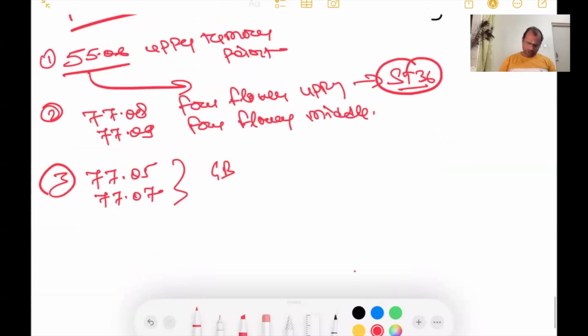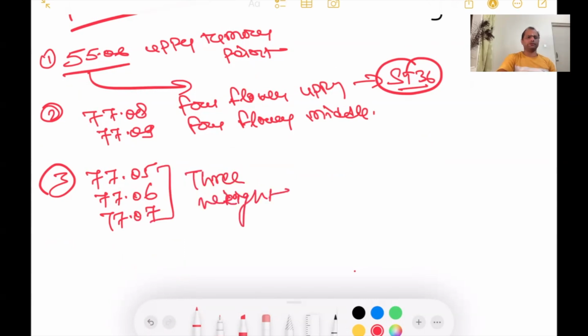These points, actually there are 3 points: 77.05, 77.06, 77.07. They are called 3 beats. इन्हें थ्री बेट, आप गूगल में डालोगे तो भी मिल जाएगा आपको. ये लगभग गॉलब्लैडर 39 के पास होता है. फिर और ऊपर जाओ, तो सारे पॉइंट्स मिल जाएंगे आपको.